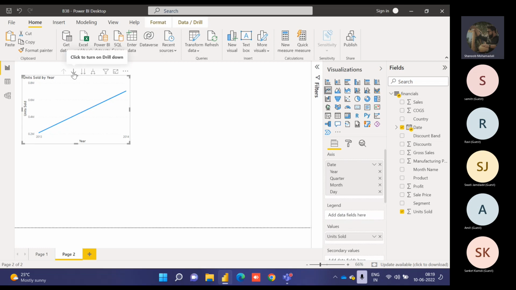The drill down icons only appear when you have a hierarchy built in the axis. So in your x-axis, if you have more than one dimension, you will have the drill down icons enabled. Before we explore this, let's go through each of the icons of the drill down set, what is there and how we can use it.